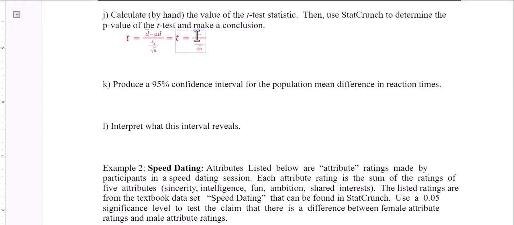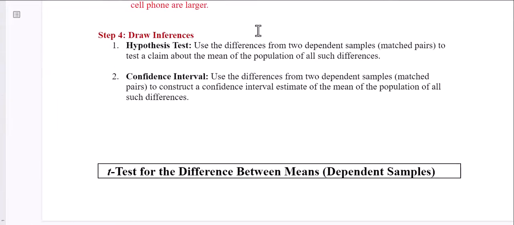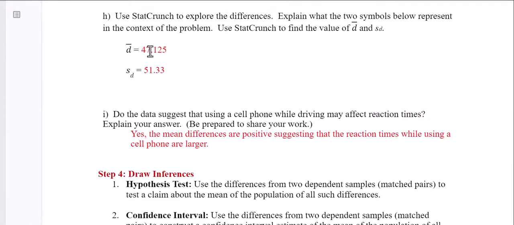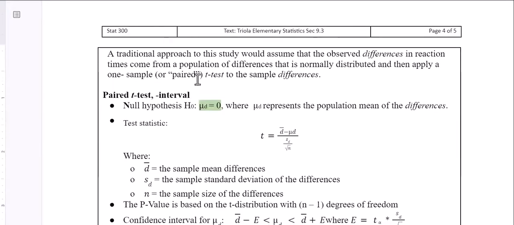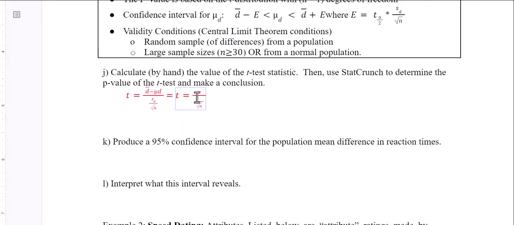So here's our formula. So we know from above that our mean is 47.125 and the standard deviation is 51.33. So we're going to go back over here and put our mean 47.125 minus, that's our sample mean, minus the hypothesized mean.